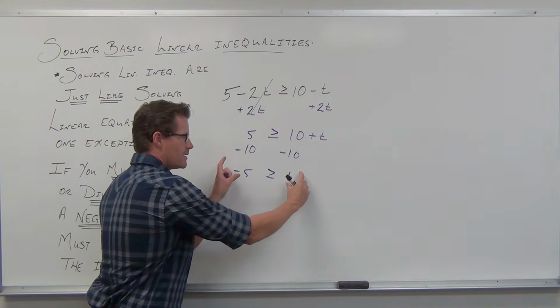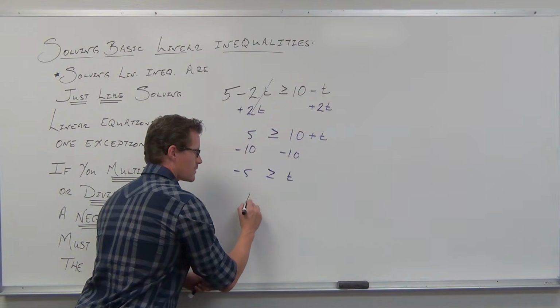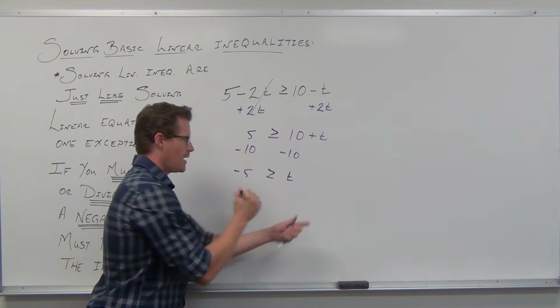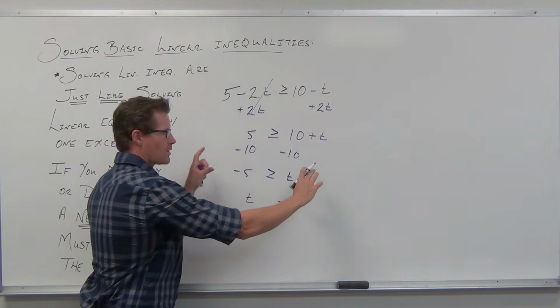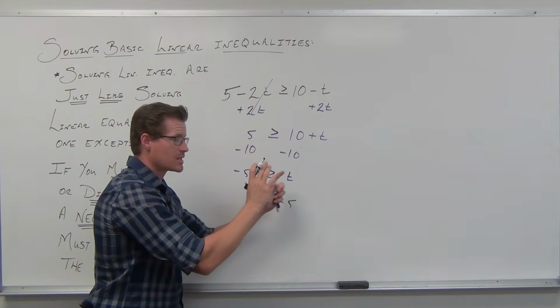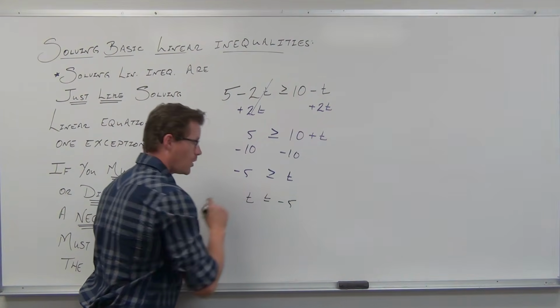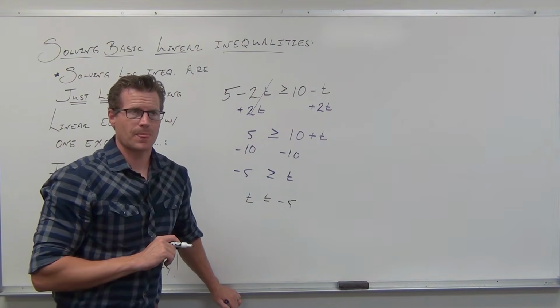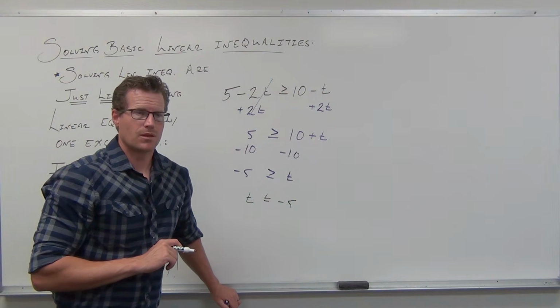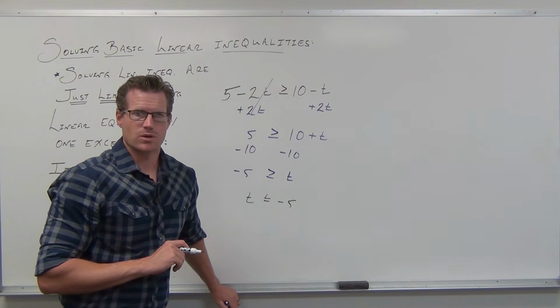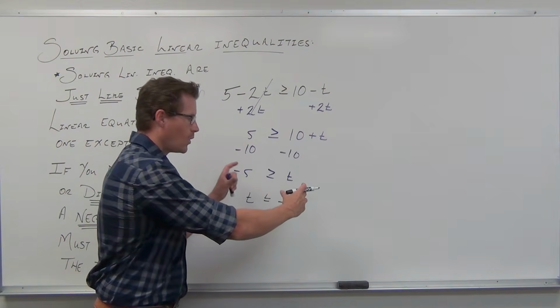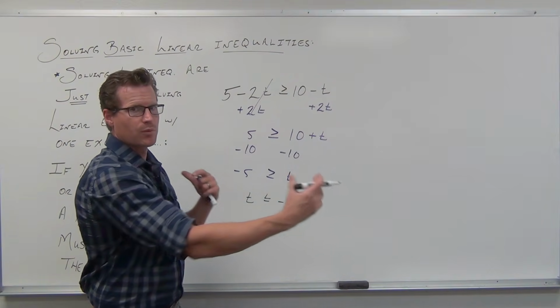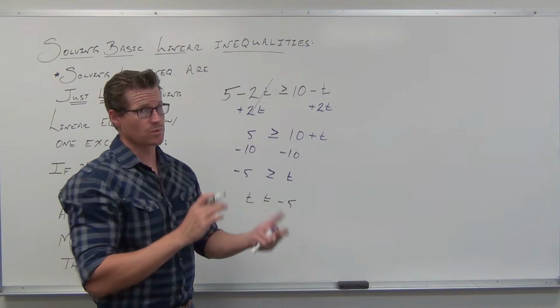That means that t is going to be over here, and negative 5 is going to be over here. But if I reverse this entire inequality, the entire inequality has to reverse. That's weird. This is another way to switch your inequality. By taking the whole problem off the board and reversing it, your inequality also reverses.